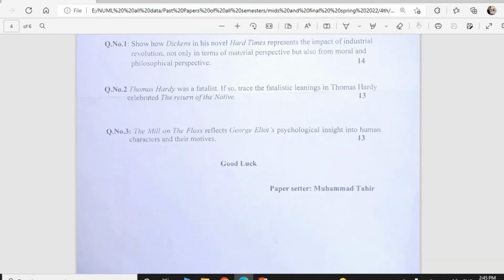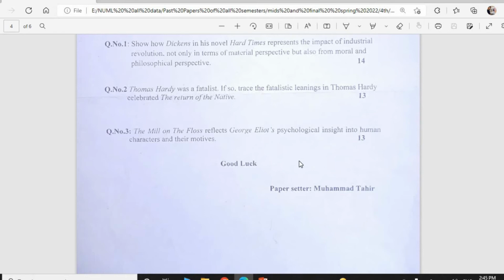And question number 3, The Mill on the Floss reflects George Eliot's psychological insight into human characters and their motives. I have also covered, or will cover, this novel as well, The Mill on the Floss, and obviously it is an autobiographical novel of George Eliot.